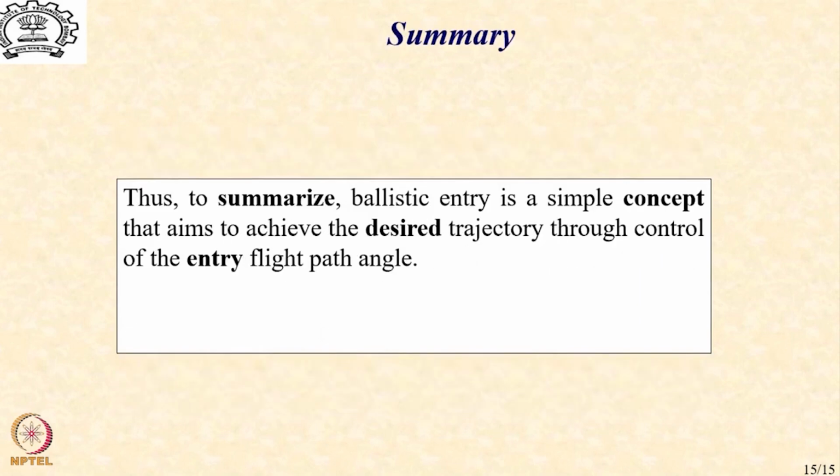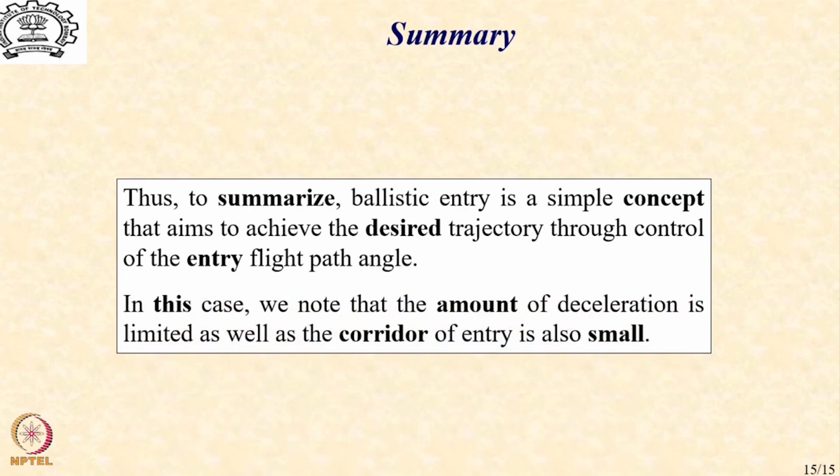So to summarize, the ballistic entry is a simple concept that aims to achieve the desired trajectory through control of entry flight path angle. In this case, we note that the amount of deceleration is limited as well as the corridor of entry is also quite small.